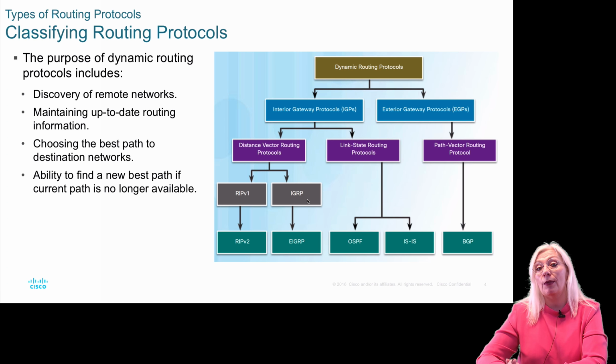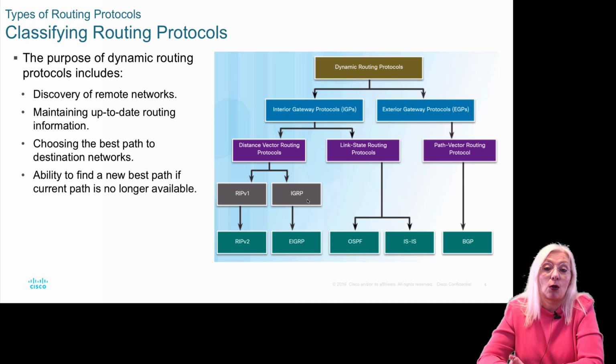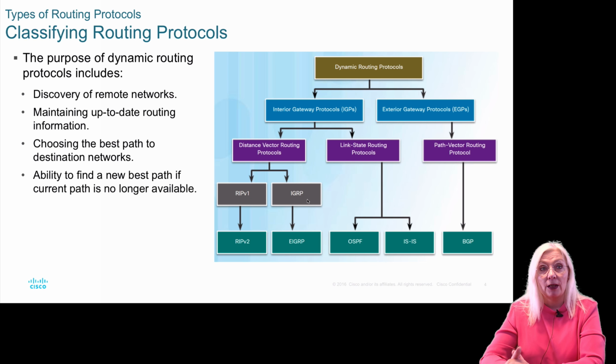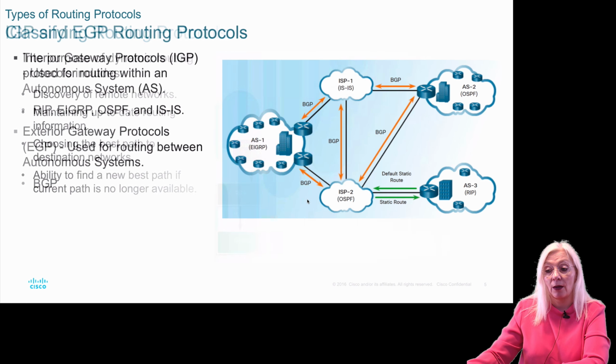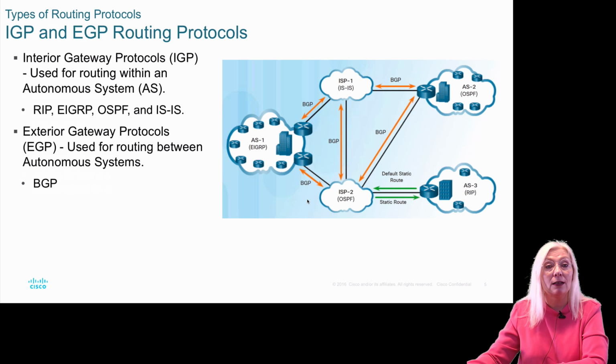And of course, if something goes wrong and a network is no longer available, then this will also be updated. So dynamic routing protocols are a kind of automation of how the routers exchange information with each other, which is of course something that we want.